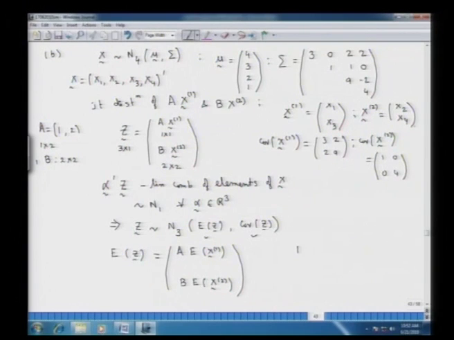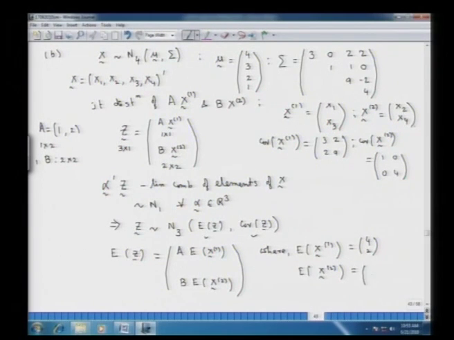So here what we have is the following, where expectation of this x1 subvector is the corresponding elements from there. So that's 4 2, and expectation of the x2 subvector similarly is going to be given by 3 1, because the elements are 2 4.